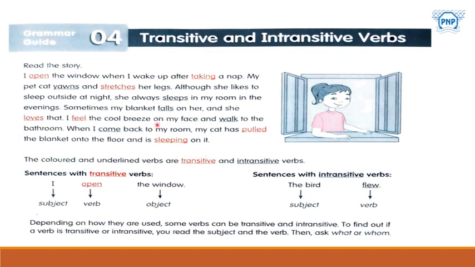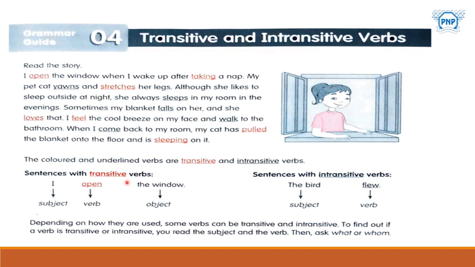Some of them are transitive and some of them are intransitive. How will we understand? Let's see here. Sentence with transitive verb: I open the window. Sentence with intransitive verb: The bird flew. See the difference. In the first sentence, there is one subject, one verb, and an object. In the second sentence there is only subject and verb.